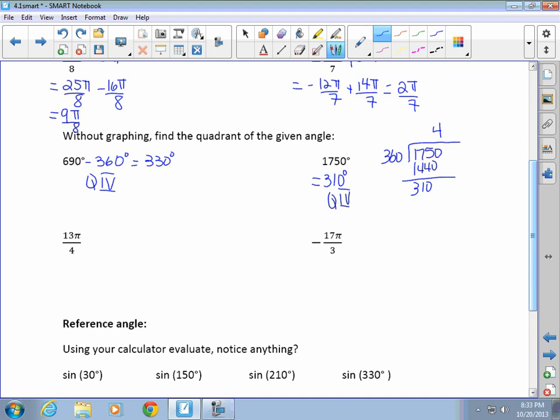Okay, 13 pi over 4, which means I would subtract 2 pi from there. But I need to have an equivalent fraction, so it has to be with a denominator of 4.